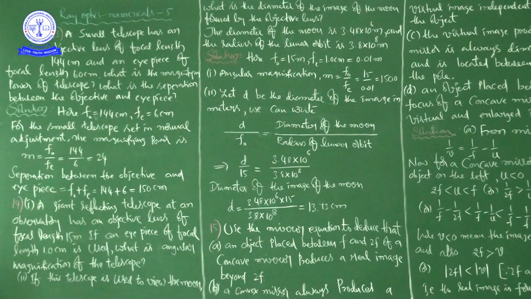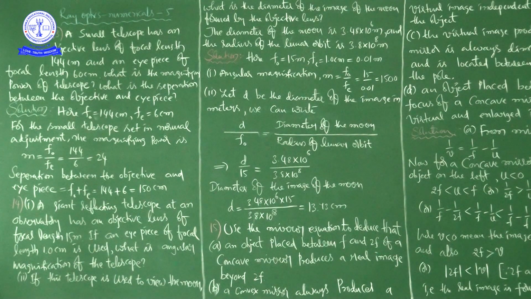What is the magnifying power of the telescope? Then, what is the separation between the objective and eyepiece?